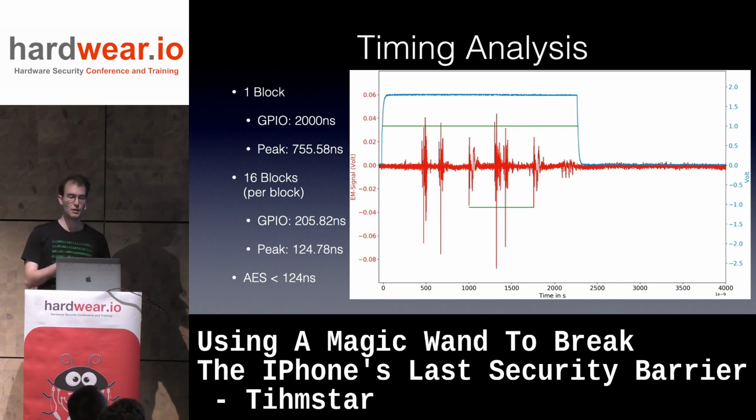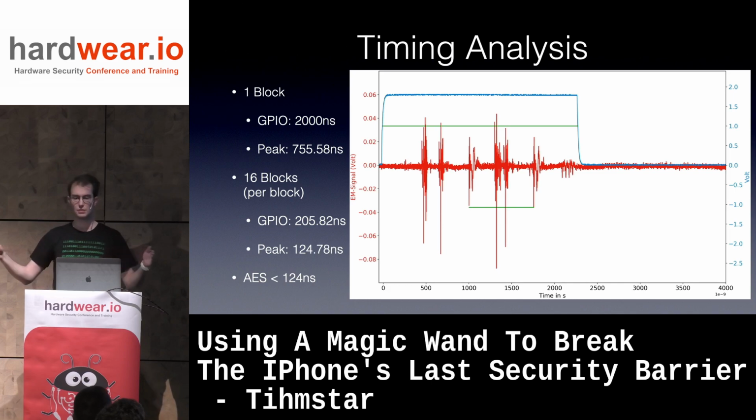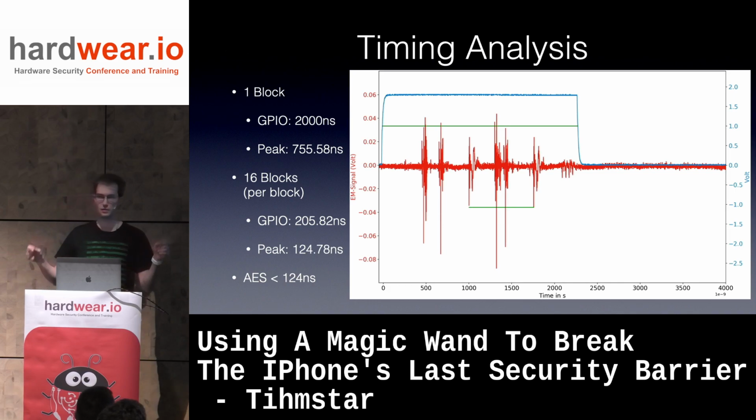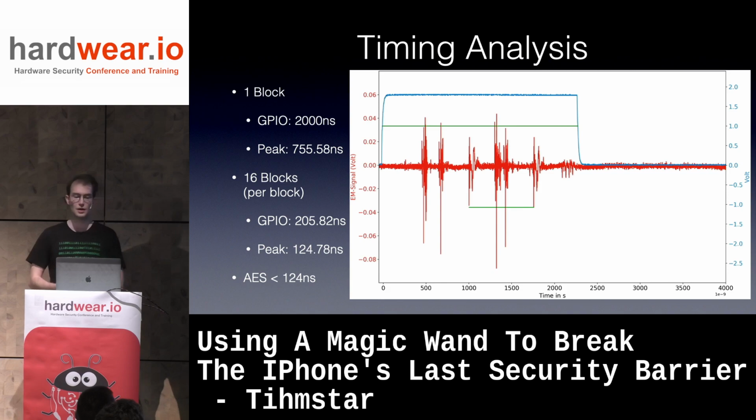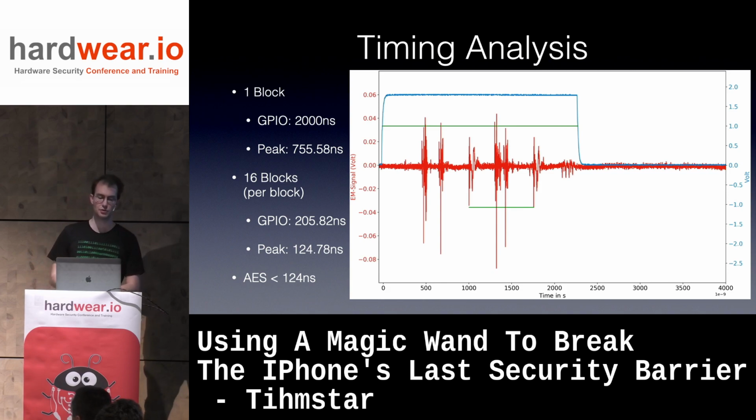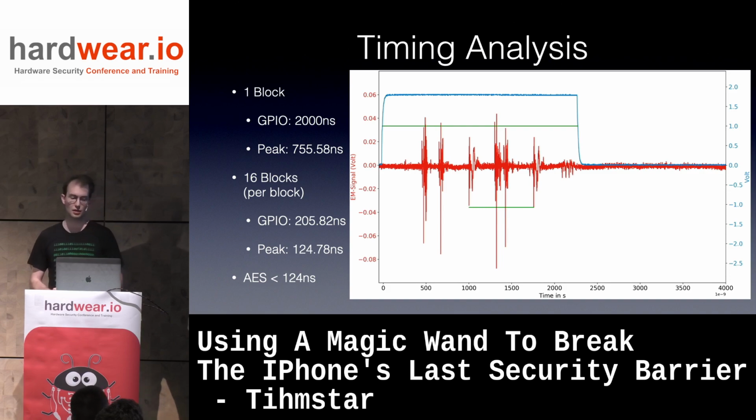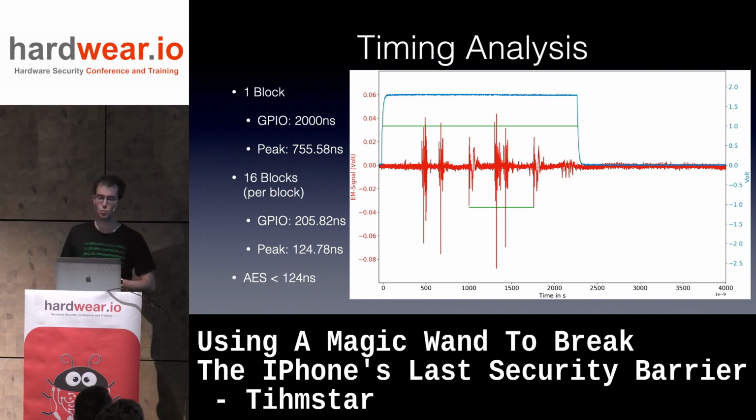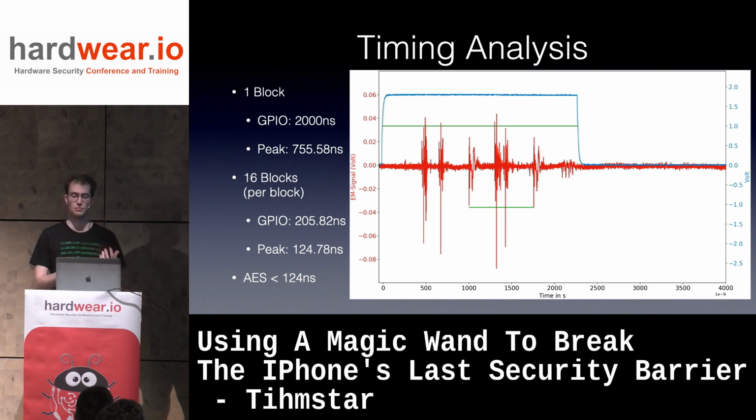If you, instead of one block, encrypt 16 blocks, do a longer measurement and divide by 16, you get for the GPIO 205 nanoseconds, and for the peaks 125 nanoseconds. So we know one AES is probably faster than 124 nanoseconds. So we already can get some very basic information.